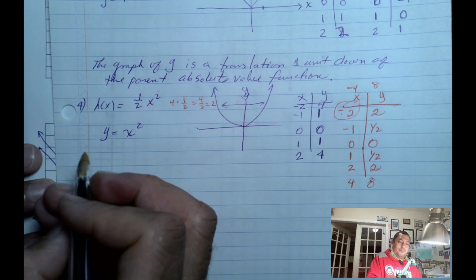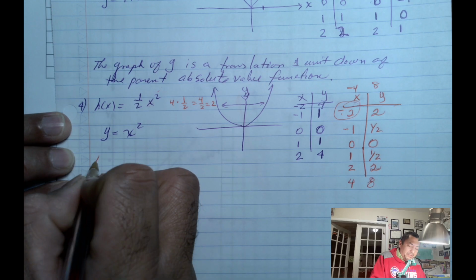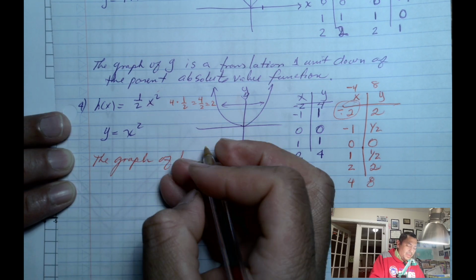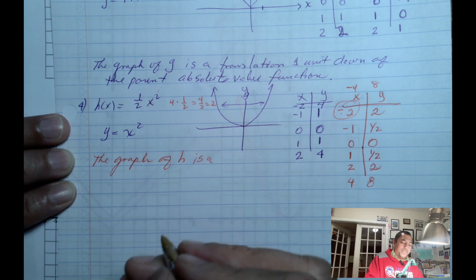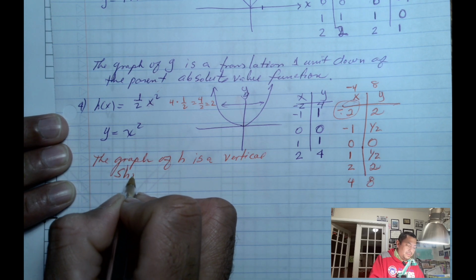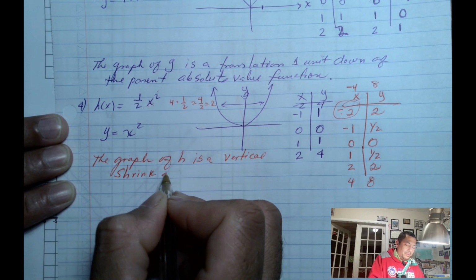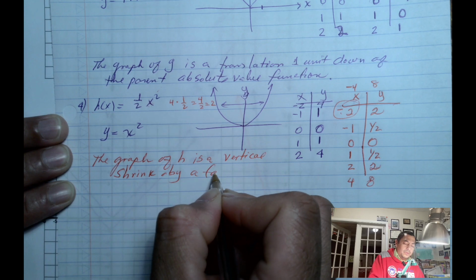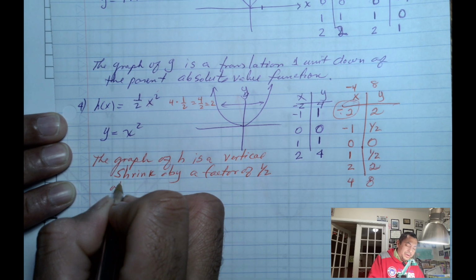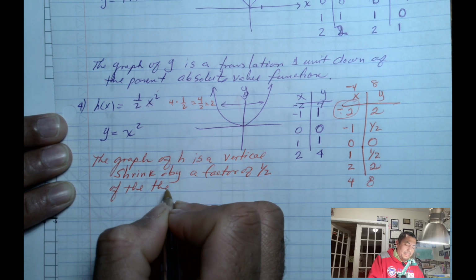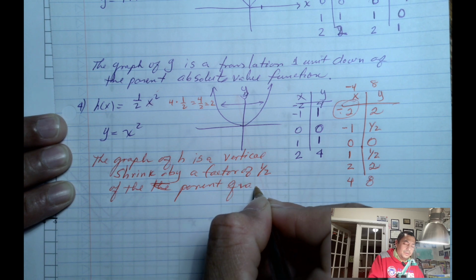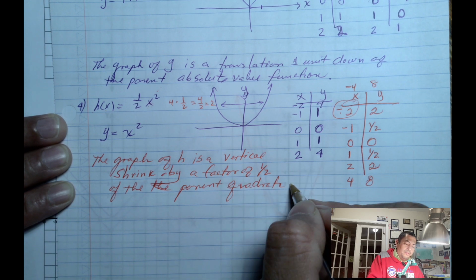I'm going to write the solution here. What happens to this graph? The graph of h is what we call a vertical shrink by a factor of 1/2 of the parent quadratic function.